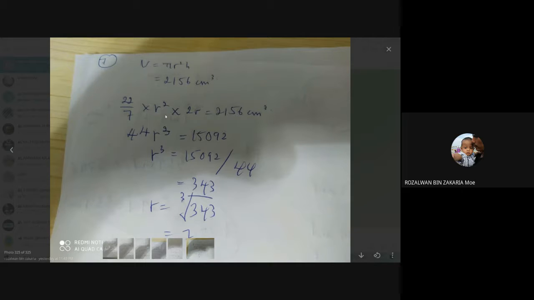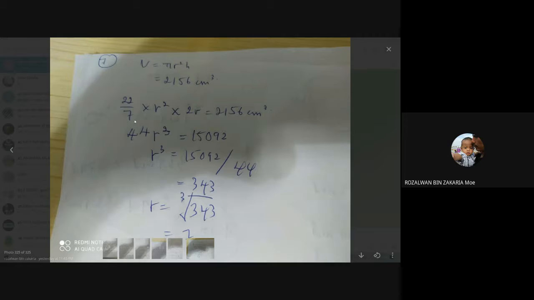After you solve, 22 multiplied with 2 gives 44. And r squared multiplied with 2r gives 2r to the power of 3. Then 2r to the power of 3 multiplied with 22 gives 44r to the power of 3.